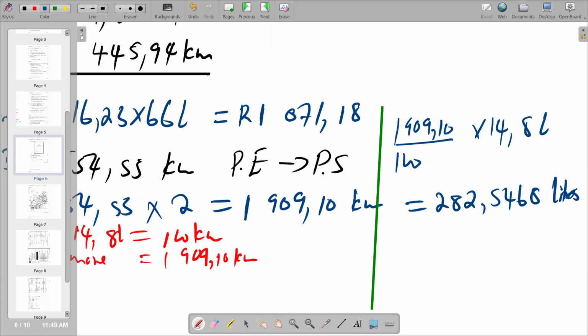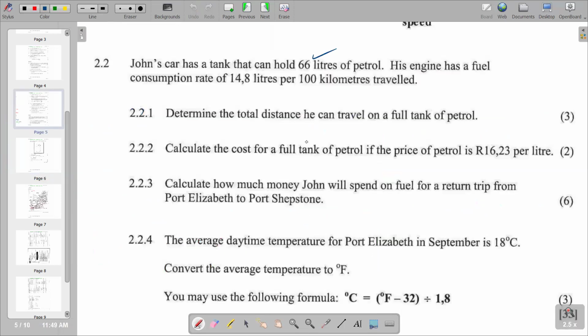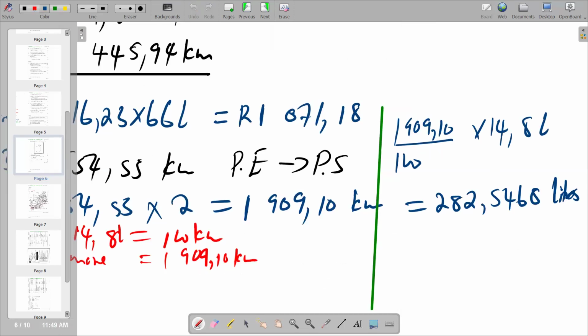So with that now, we multiply it by the amount per liter. And we know that the amount per liter, we are given, is 16 rand 23 cents. So we now say 16 rands 23 cents times the total number of liters that we have, 282.5468 liters.